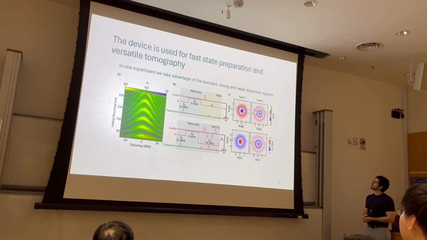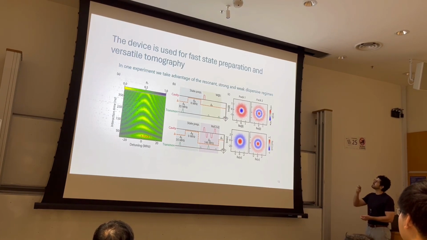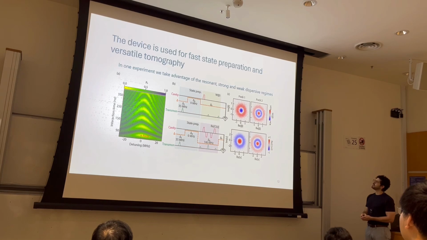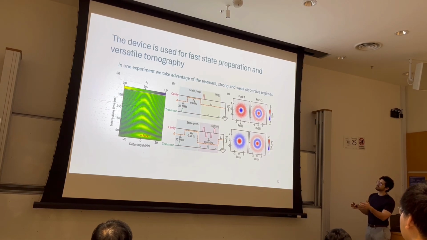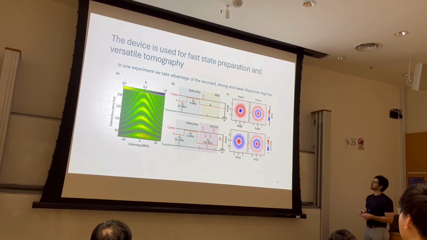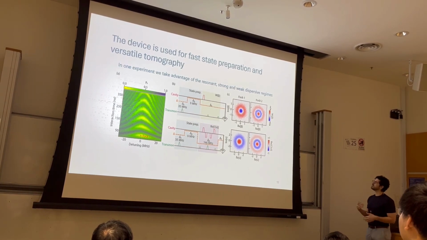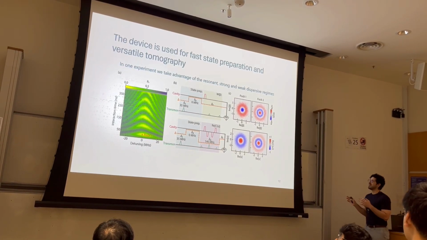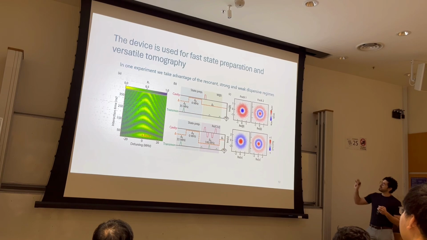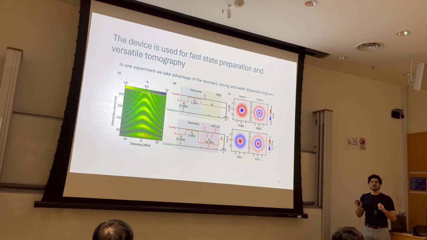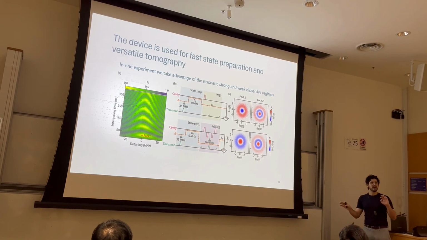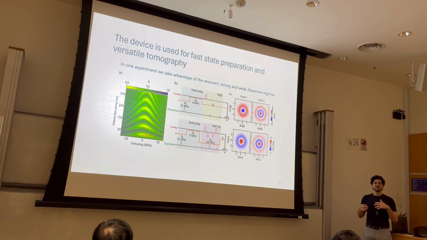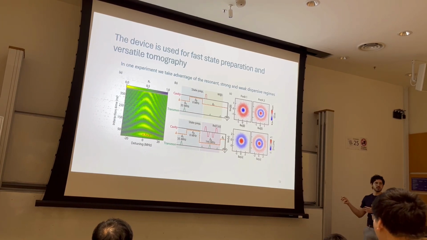So what we have is that measuring both tomographies from Fock state 1 and 2, we have verified that you can not only prepare good Fock states, but you can also choose which tomography and do high quality tomography. So what this experiment tells us is that even though both tomography techniques pertain to different interaction regimes that are mutually exclusive, now that we can switch between them, we can choose whichever one we want.